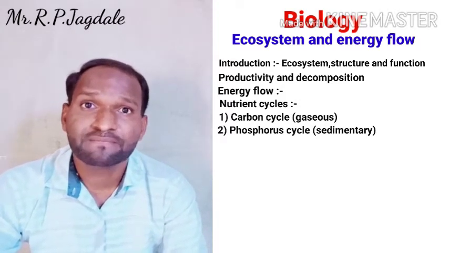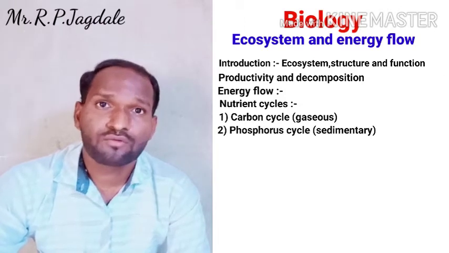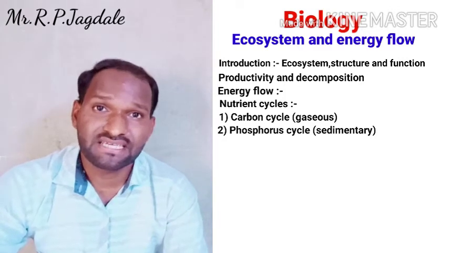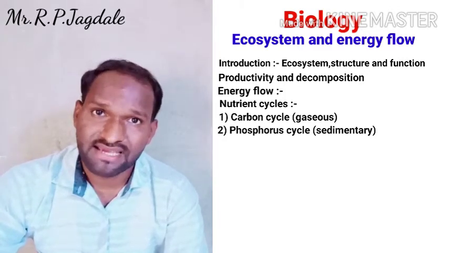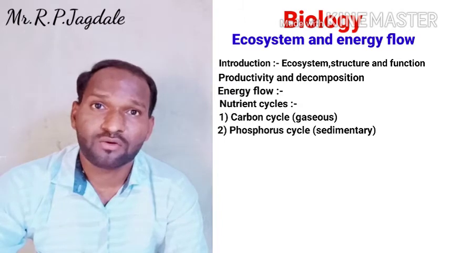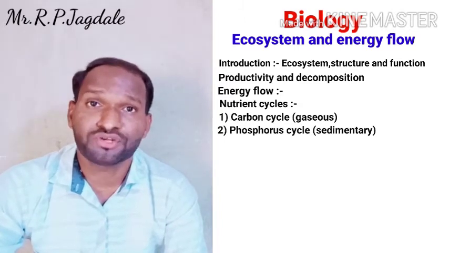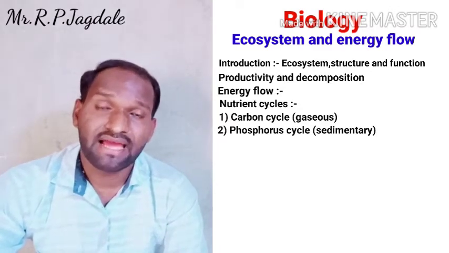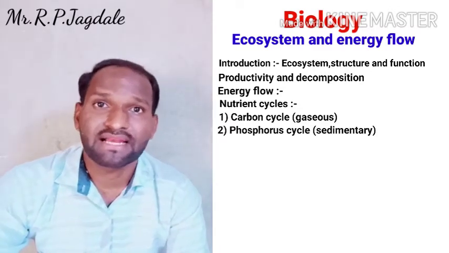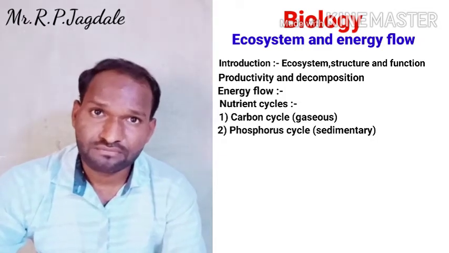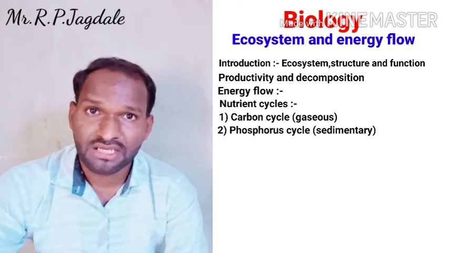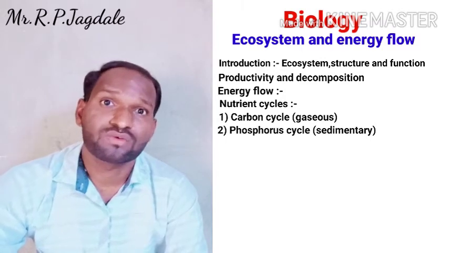From each we are taking one example: for the gaseous we are going to take the carbon cycle, and for the sedimentary we are going to see the phosphorus cycle. So two cycles we are going to study, the carbon cycle and the phosphorus cycle, and some part of the nitrogen cycle. So these are the four functions of an ecosystem: productivity, then decomposition, then energy flow, and the fourth one is the nutrient cycle.